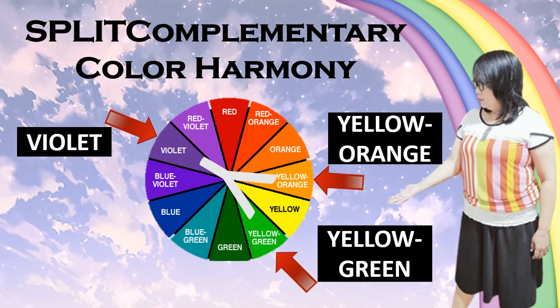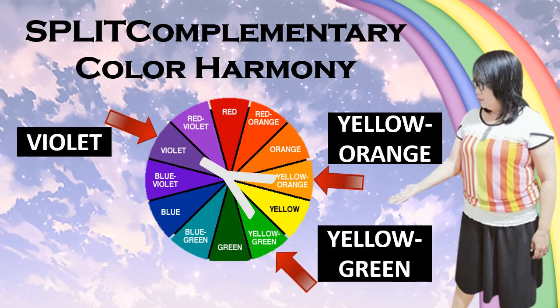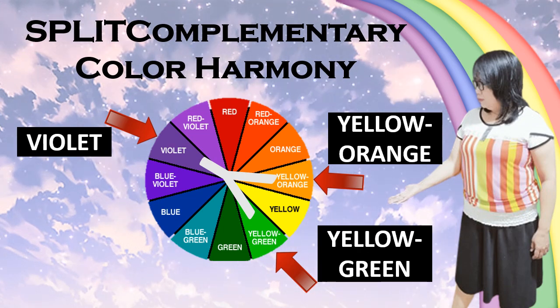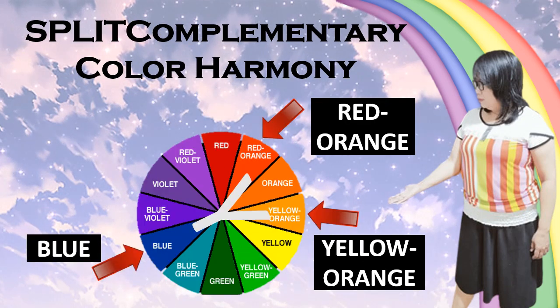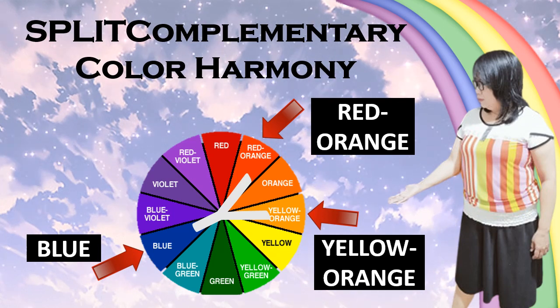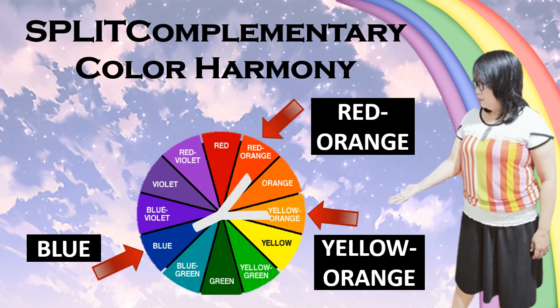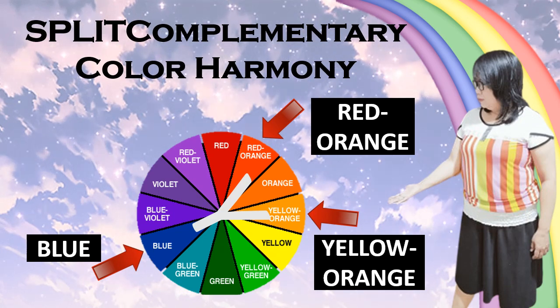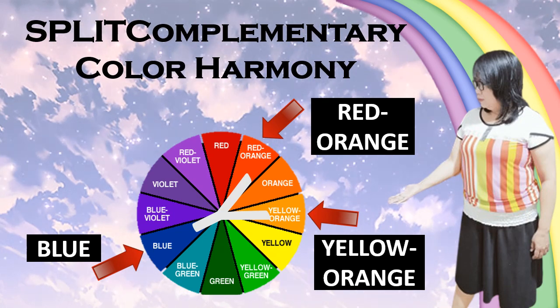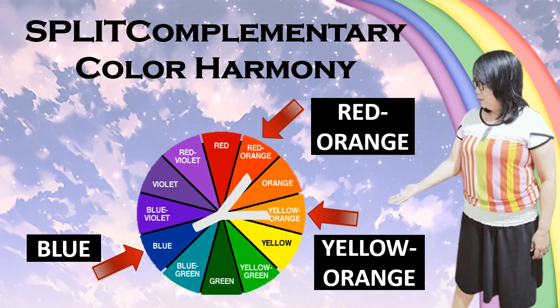We have violet, yellow-orange, and yellow-green. Another example of split complementary color harmony is this blue, red-orange, and yellow-orange.